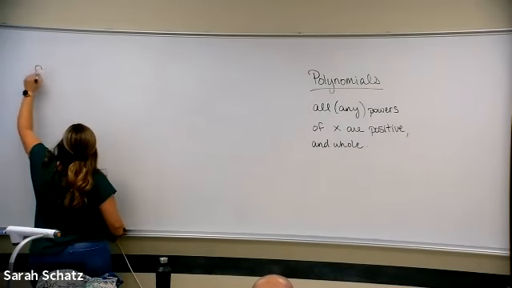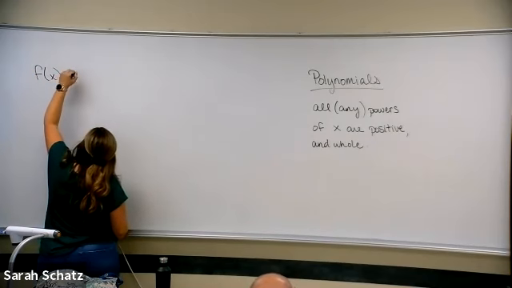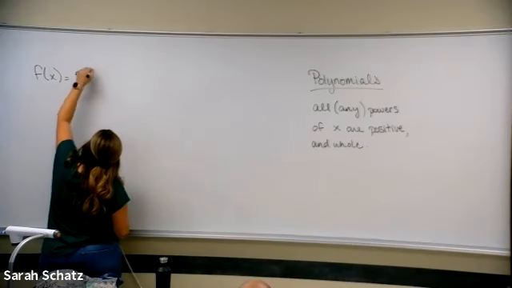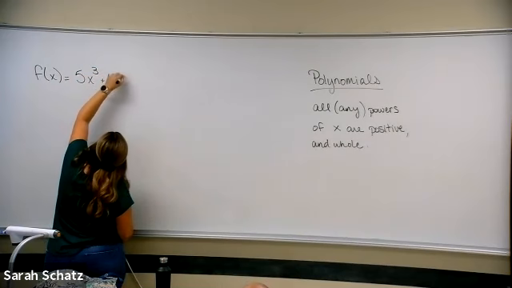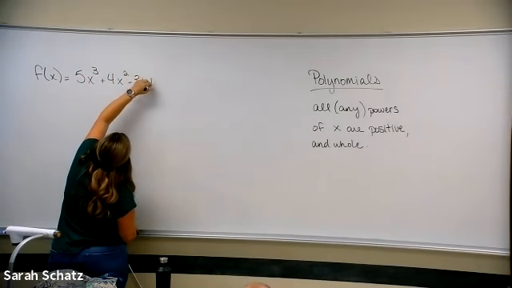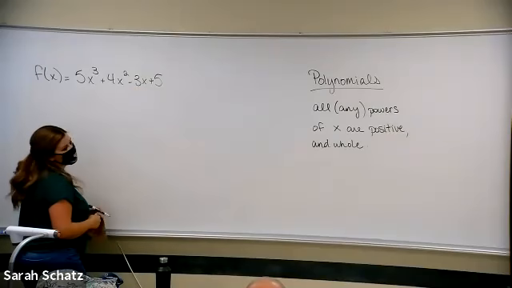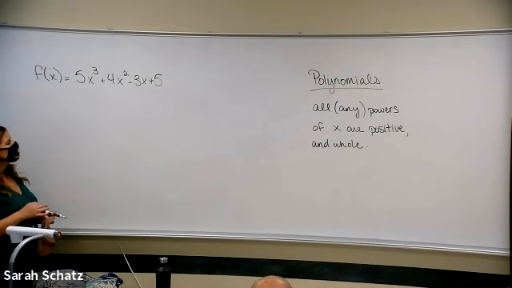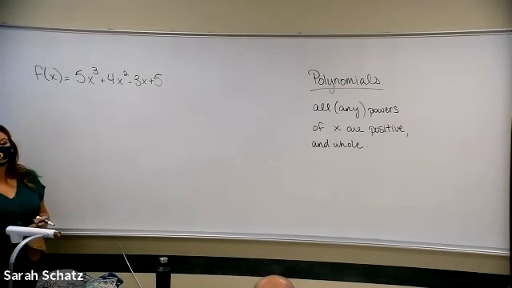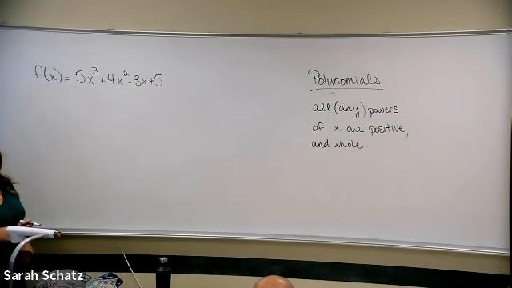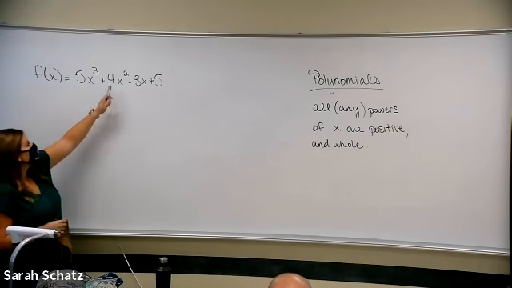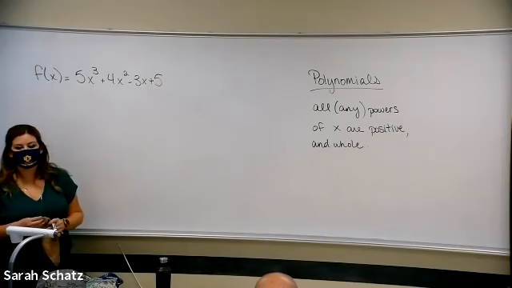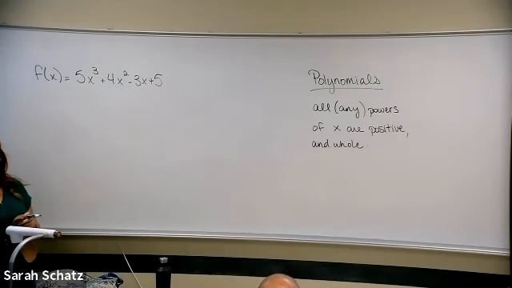Okay, so if I give you a function f of x equals 5x cubed plus 4x squared minus 3x plus 5. It's not a function I like to deal with usually, but could I say it is a polynomial function? Yes, because any power that's on x is whole and positive, right?